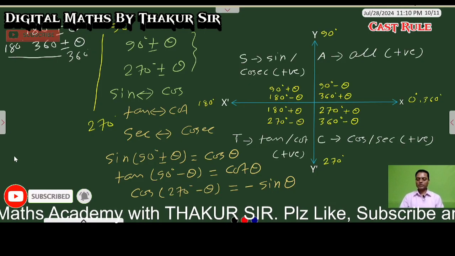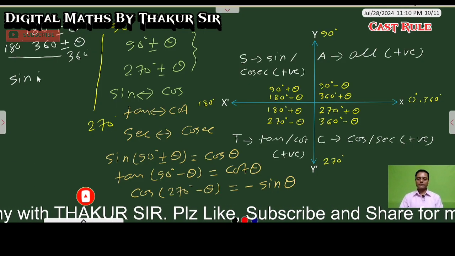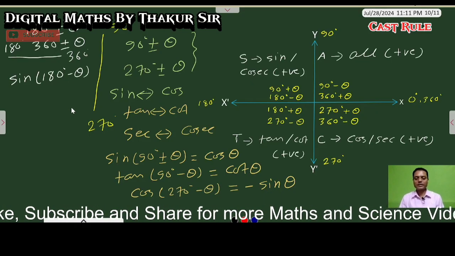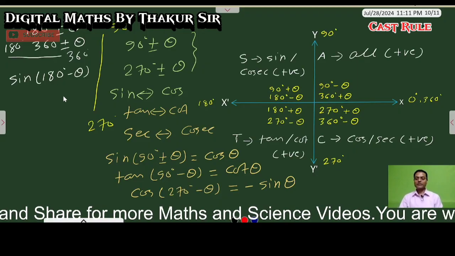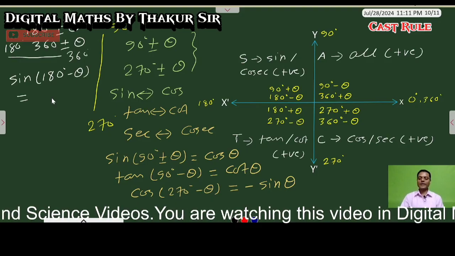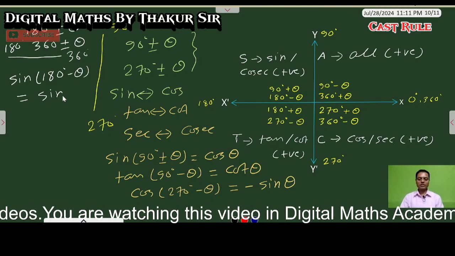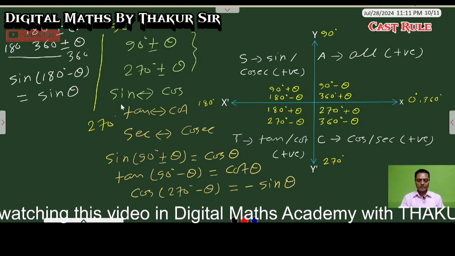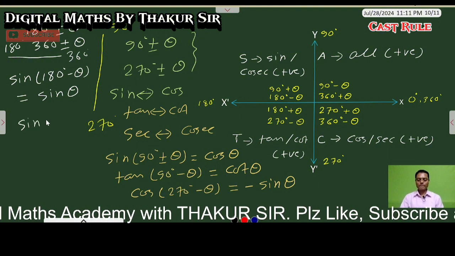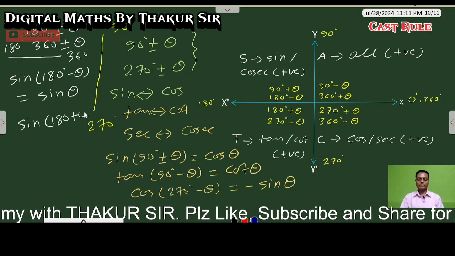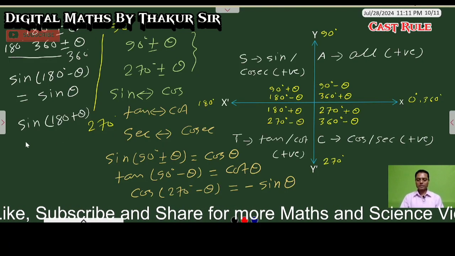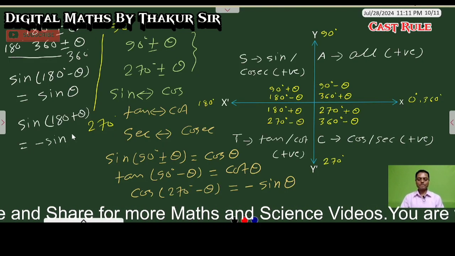For example, sine 180 degree minus theta: what will be its value? 180 degree minus theta lies in the second quadrant, here is 180 degree, so it does not change. So sine 180 degree minus theta becomes positive sine theta, because it lies in the second quadrant, it gives a positive value. But if there is sine 180 degree plus theta, that goes in the third quadrant but does not change, so its value will be minus sine theta.